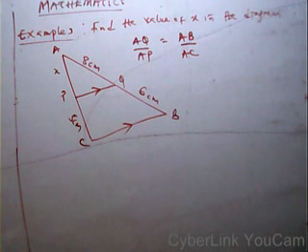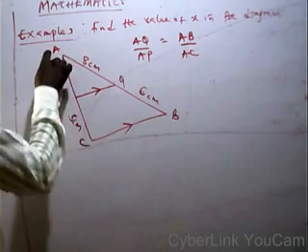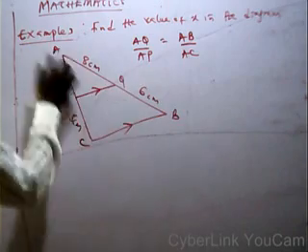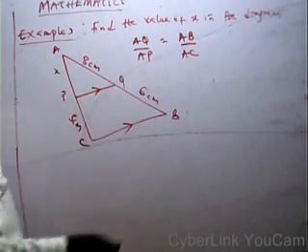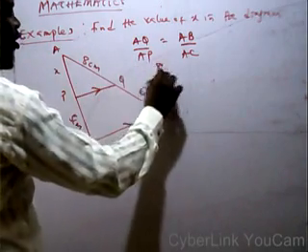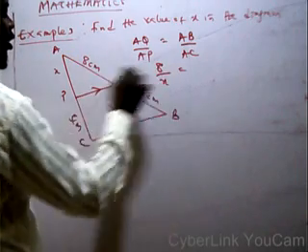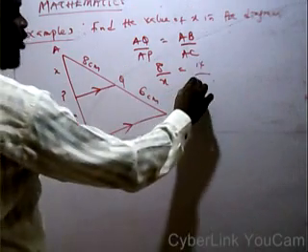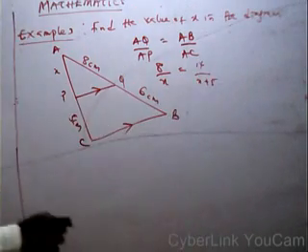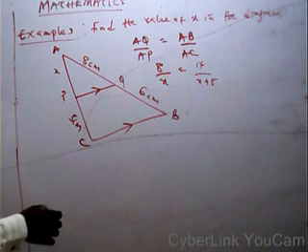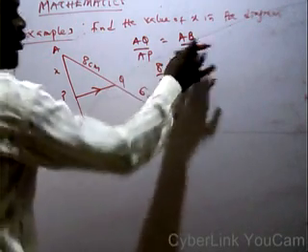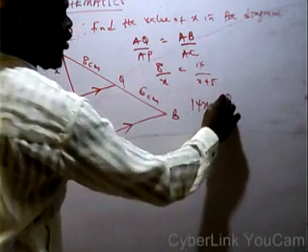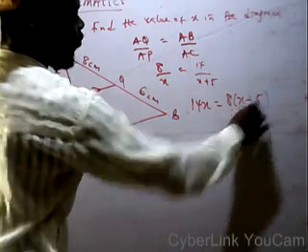AQ over AB equals AB over AC. So what is AQ? That is 8 over 14 equals... 8 over x, equals 14 over x plus 5. So what do we do now? We cross multiply. 14x equals 8 times the bracket x plus 5.